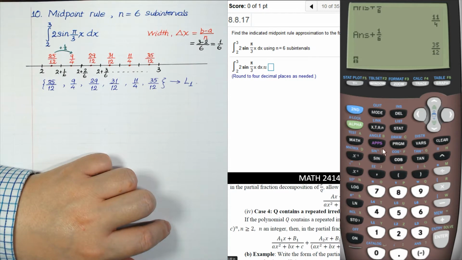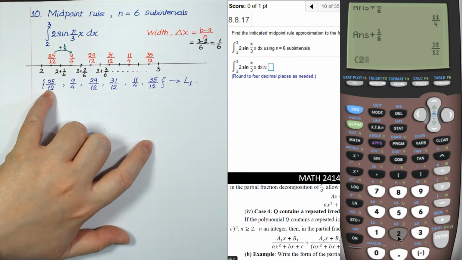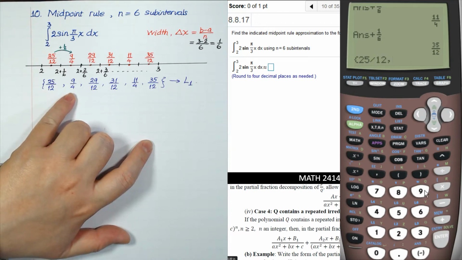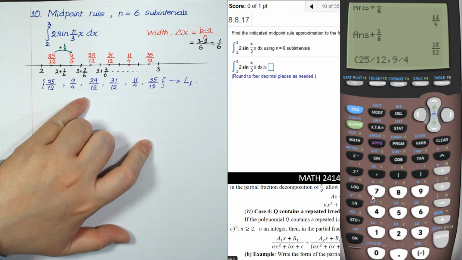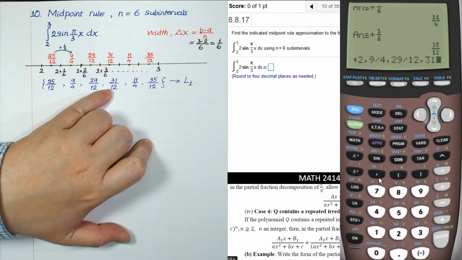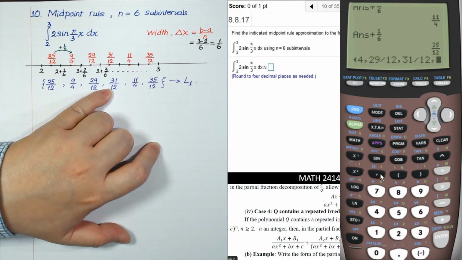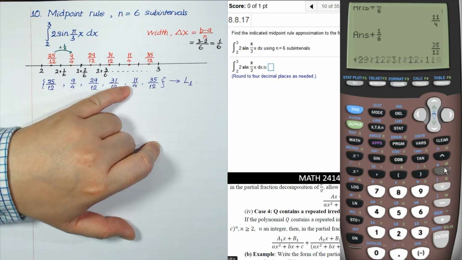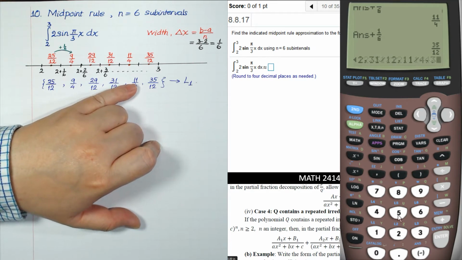Second parentheses, 25 over 12, comma, 9 over 4, comma, 29 over 12, comma, 31 over 12, comma, 11 over 4, comma, 35 over 12. Close the curly bracket, store into list 1.